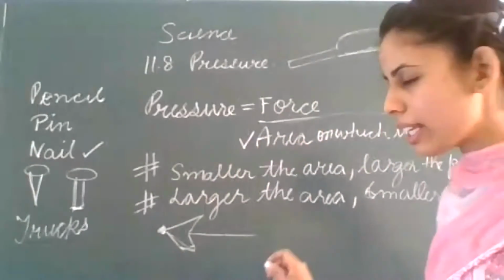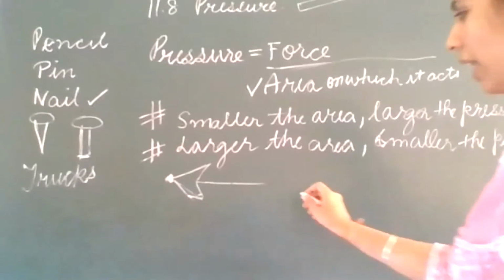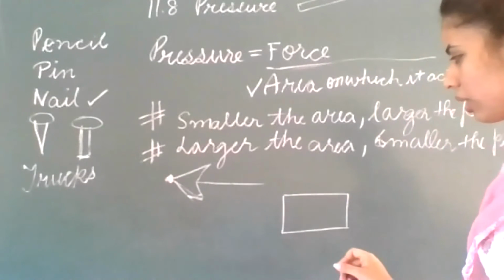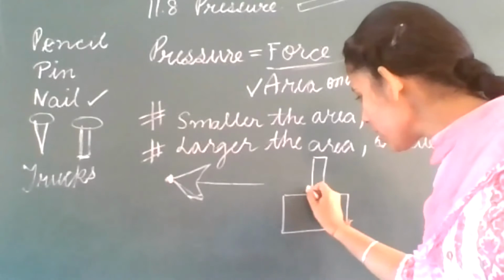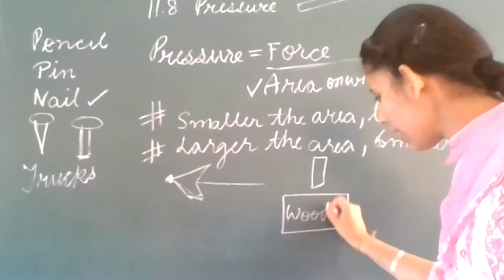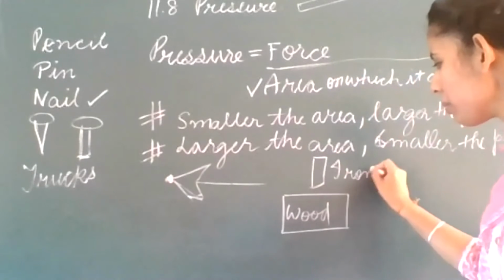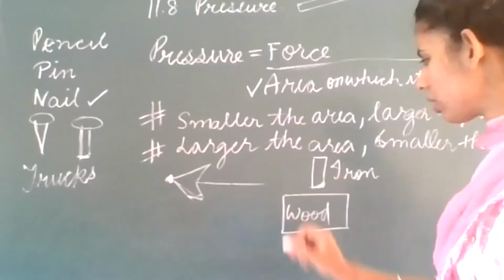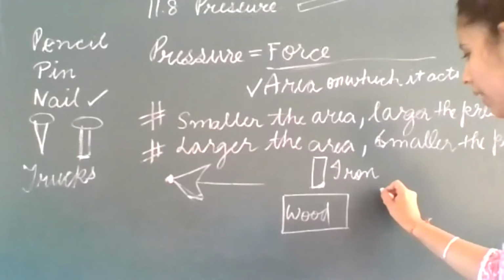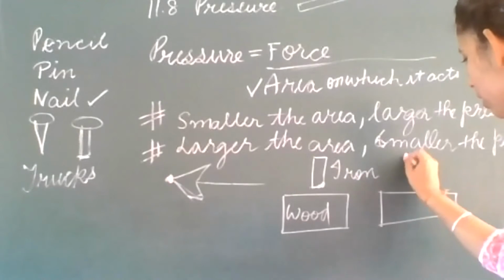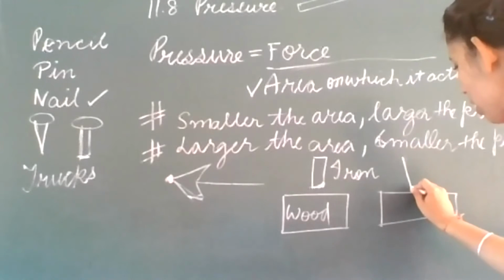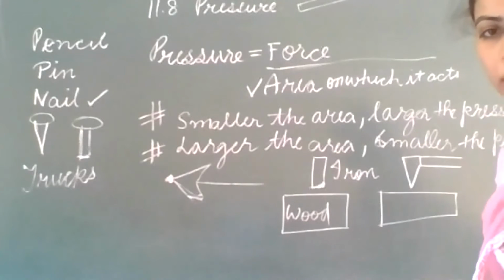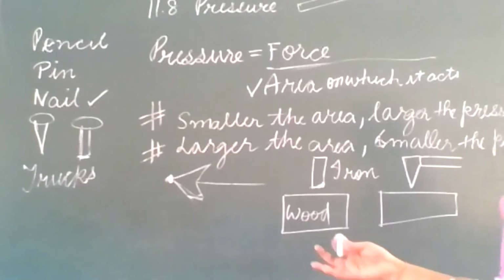Next example, just see the example. If I want to cut this wood, and I have used iron of this type, and the wedge that we use, in which it is easy to cut the wood.